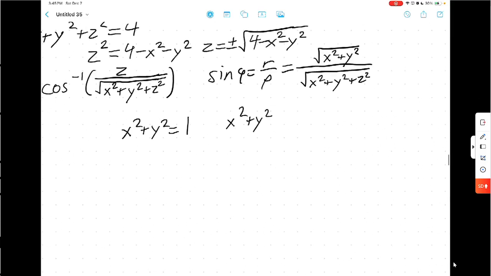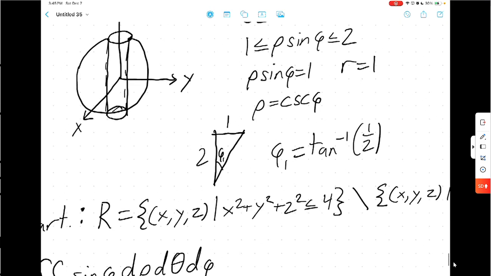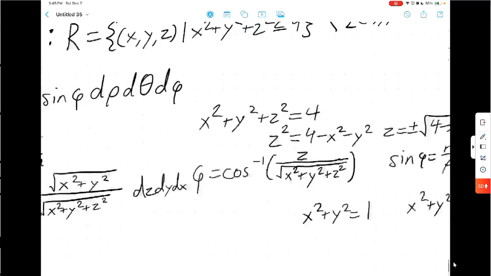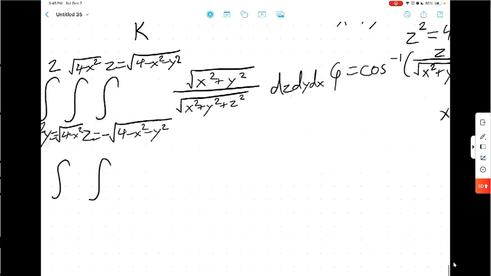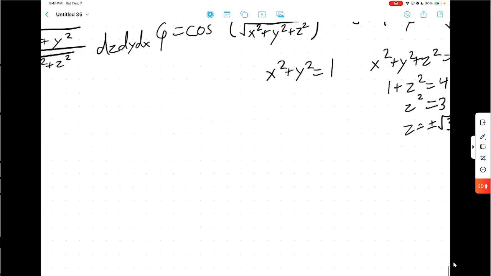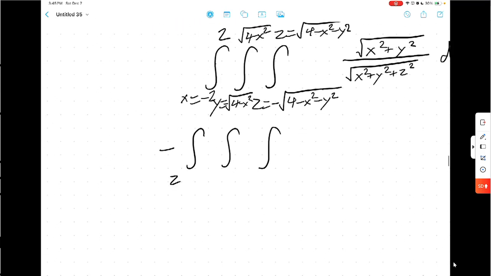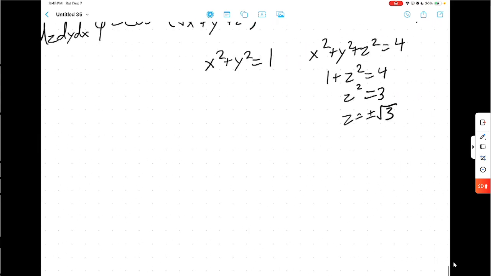So x squared plus y squared plus z squared is equal to 4, and x squared plus y squared is equal to 1. So 1 plus z squared is equal to 4, z squared is equal to 3, z is plus or minus root 3. So on the first part, z goes from negative root 3 to root 3. That's going to be the intersection.